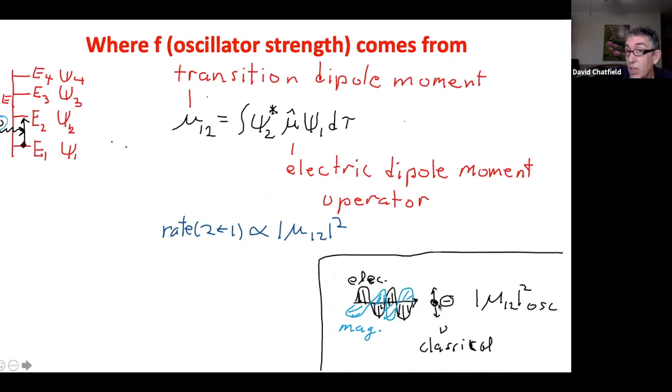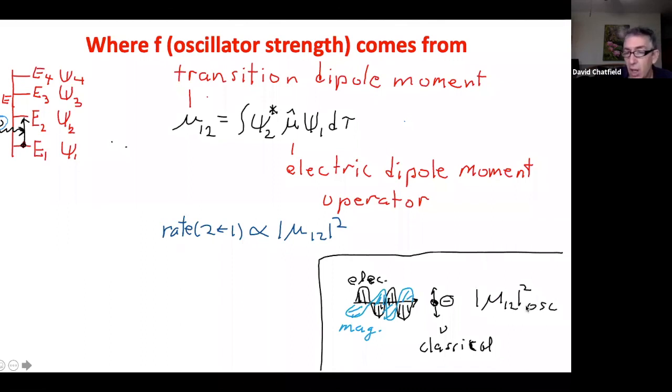So this will definitely happen. The electron will be brought into oscillation classically, and you can calculate a transition dipole moment for the process. And so that square modulus will be what it will be. You can calculate it. Okay, we're not going to do that, but it can be done.